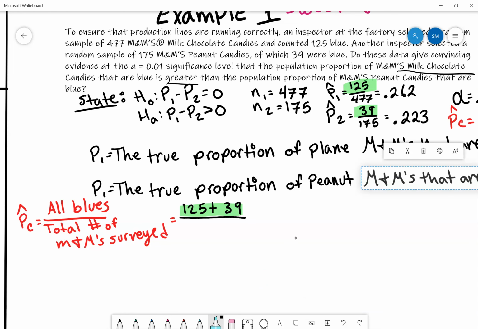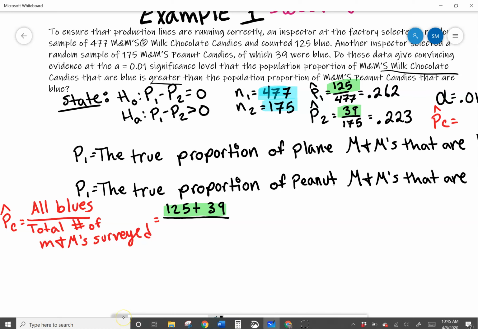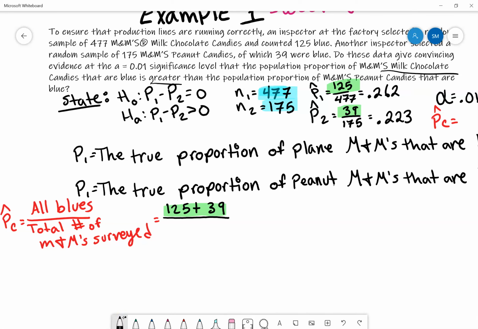Our first sample size was 477 and our second one was 175. So we're going to add those two numbers on the bottom: 477 plus 175. That's going to be our denominator.